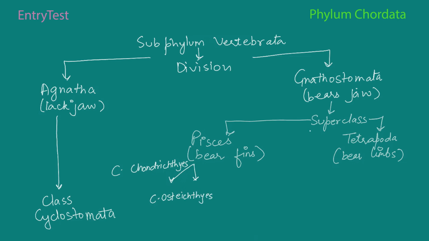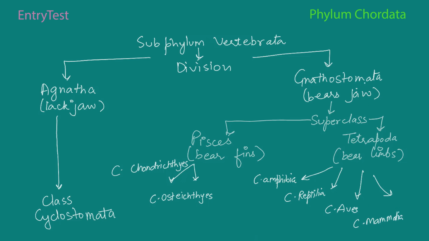And coming to the superclass Tetrapoda that have limbs, there are four classes. One is class Amphibia, class Reptilia, class Aves, and class Mammalia.